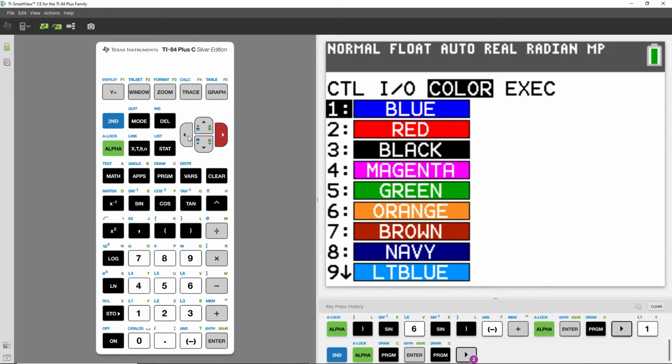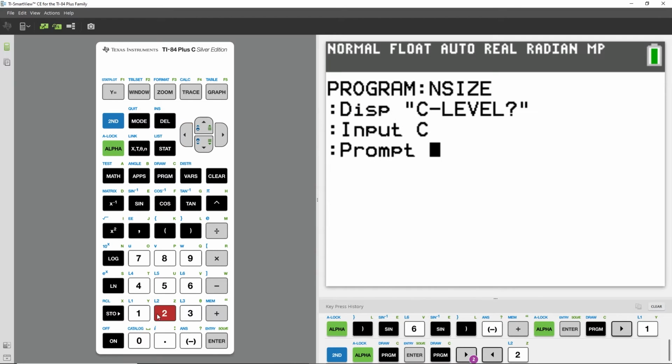Let's go to a prompt, and we're going to prompt them to enter in P. And we can always modify this code if it doesn't work the way we want. And also E.